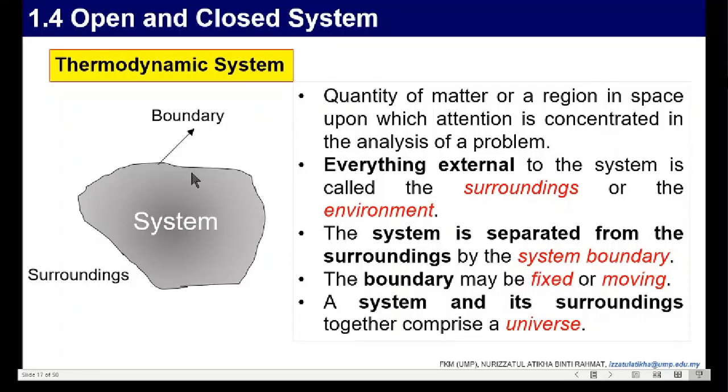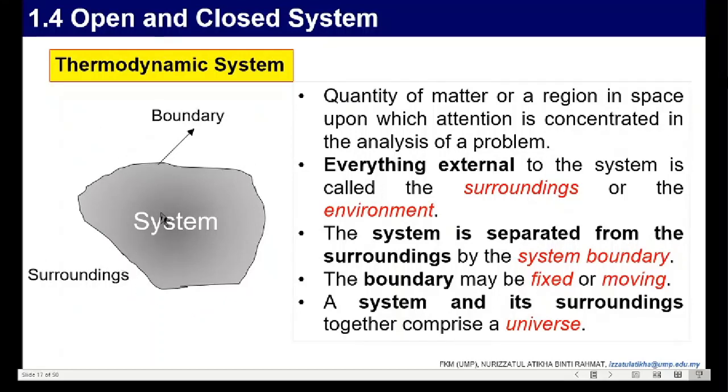It is imaginary. A system and its surroundings together comprise a universe. So this is the universe of a system. Just now, I gave you an example, a system of a piston. So this is the universe of a piston system.